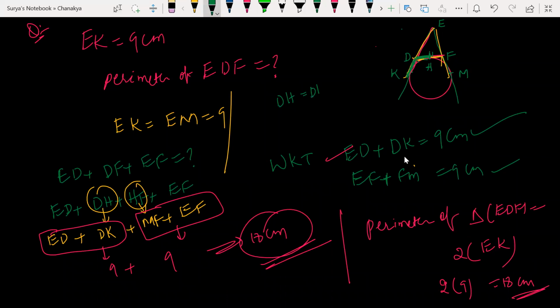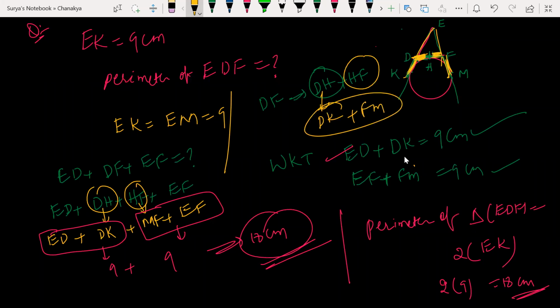We studied this in the theorem. DK is equal to what? DH. And FH is equal to what? FM. Now guys, here DF is DH plus HF. This half part will be equal to this half part. Is it clear? This HF will be there, and this half part will be equal to this FM. This is what I wanted to say.